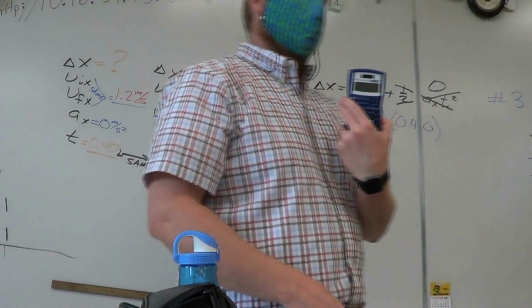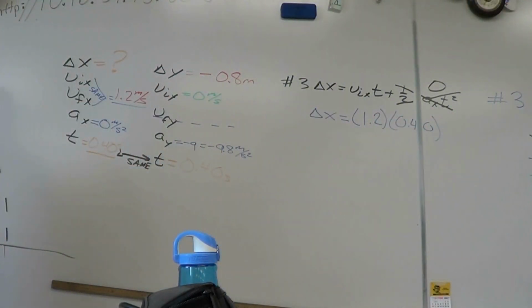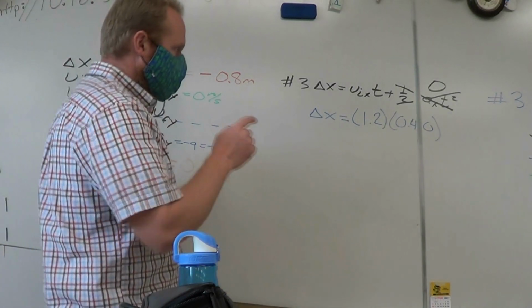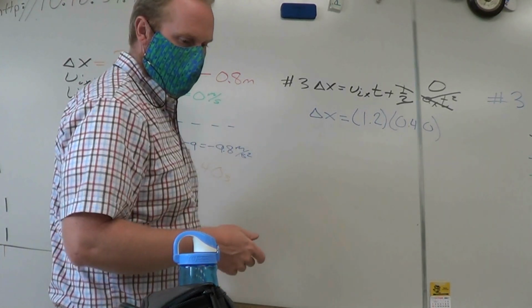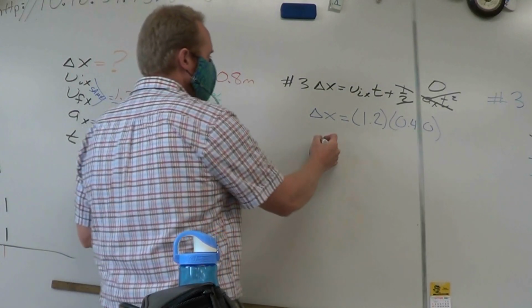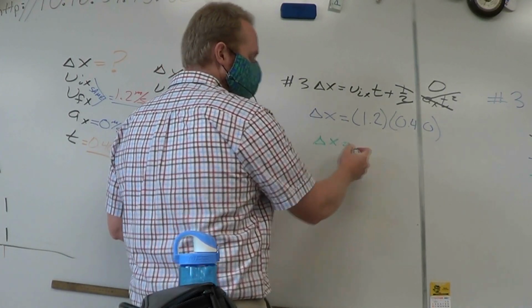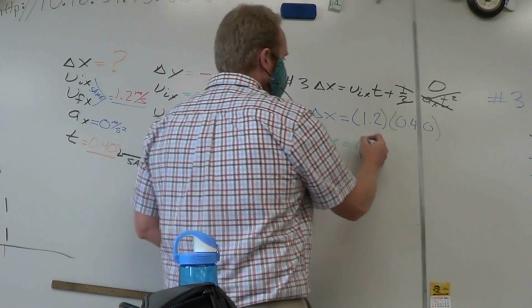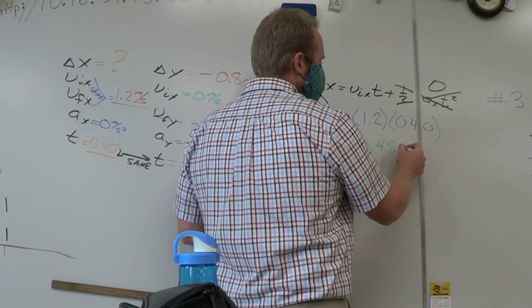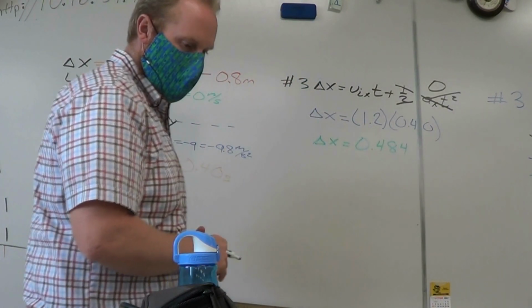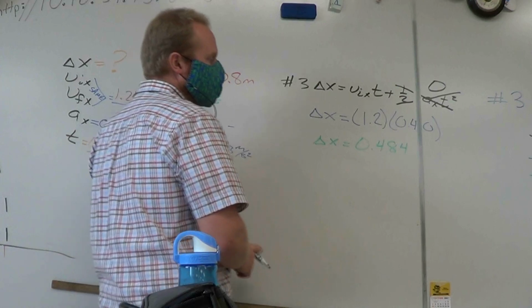But in my calculator, I can either store it or because it's just the next math function, I'm going to use every digit that it has. So I'm not going to say 1.2 times 0.4, I'm going to say what that whole thing was, and we get a delta x that's equal to 0.4847, blah, blah, blah.